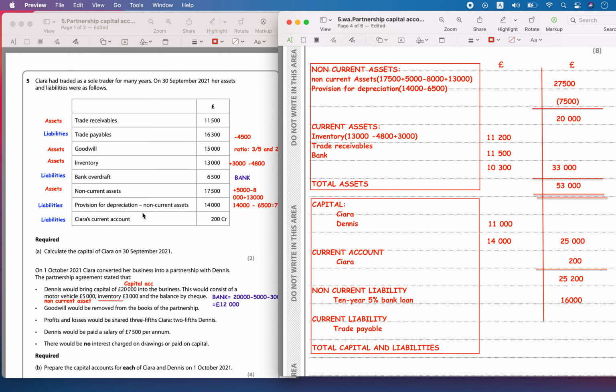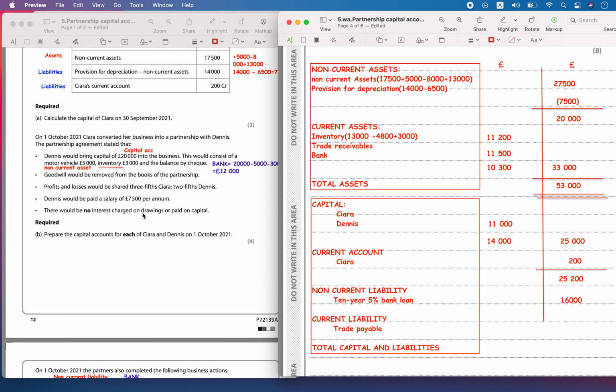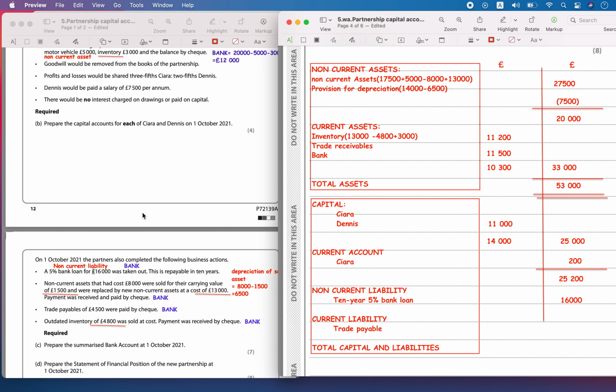Was there anything else here? The trade payables of 16,300 were partly paid by cheque, so we have to reduce this trade payable. Initially the business had to pay 16,300, but it had already paid 4,500. So the difference is going to be 11,800, the current trade payables.